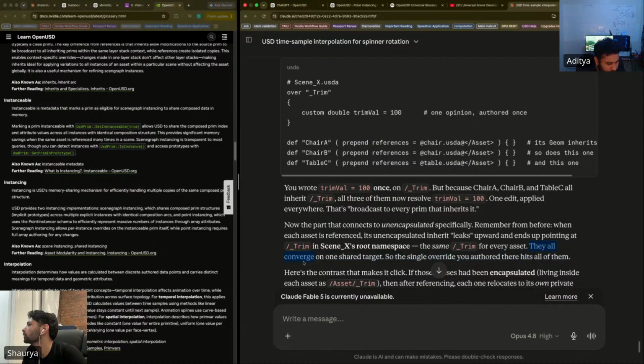They all converge on one shared target. So a single override you authored there hits all of them.